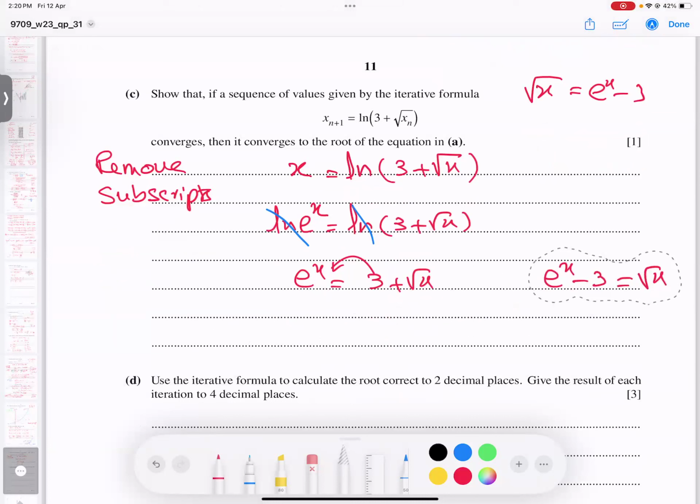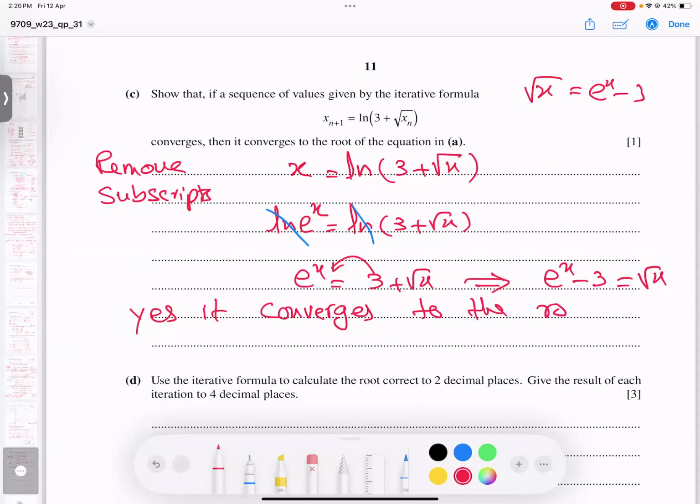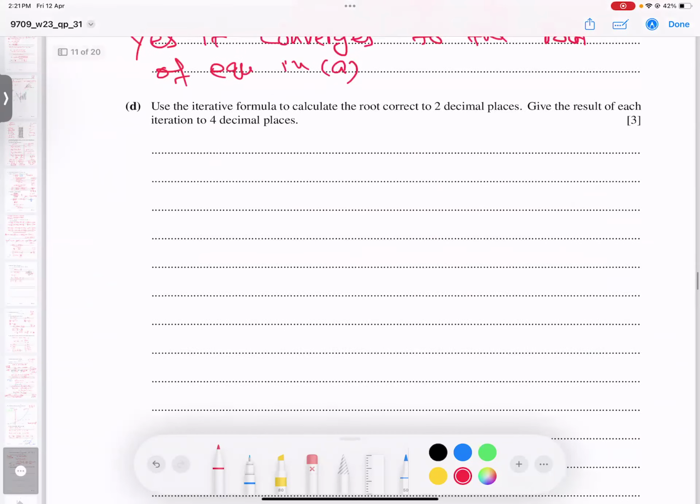I can write it here: yes, it converges to the root of the equation in part A. So there's a reason behind it. I hope you got the idea. So let's go, students, to the next part.